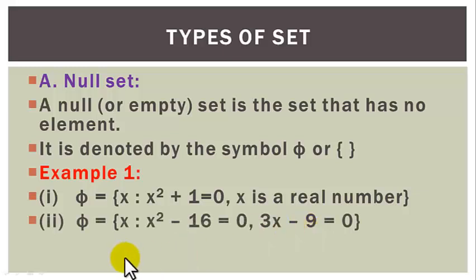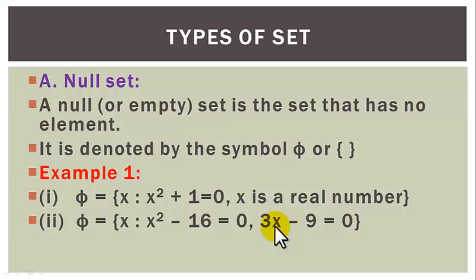2. The set of all x such that x squared minus 16 is equal to 0, and 3x minus 9 is equal to 0. This set is empty because there is no number x that will satisfy these two properties at the same time. Take for instance the number 3.